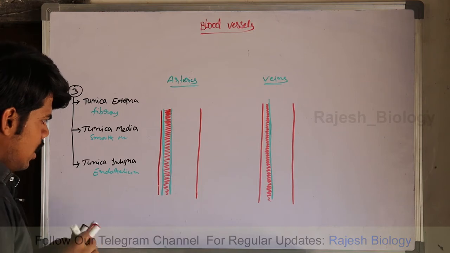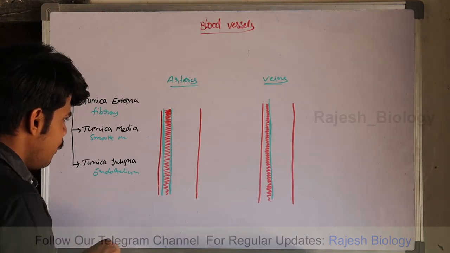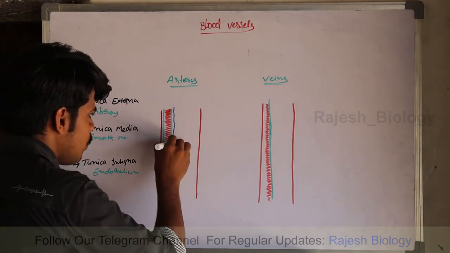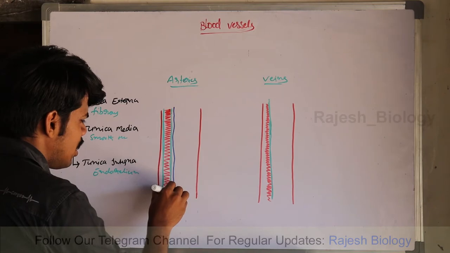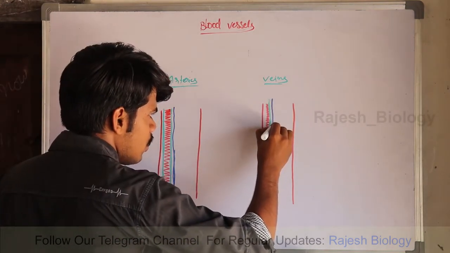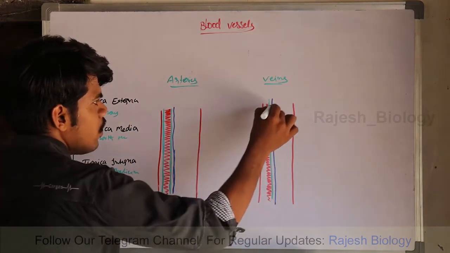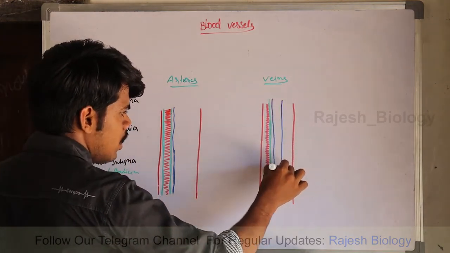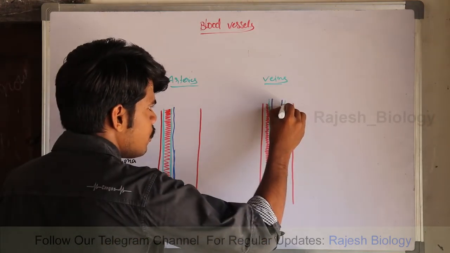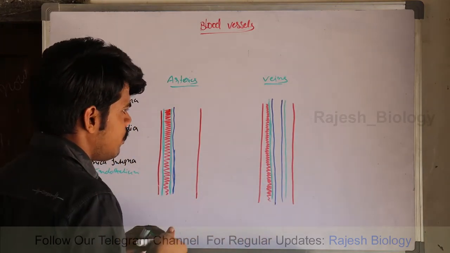Okay. And then next, tunica interna. Tunica interna is made by epithelium. It is the epithelial tissue. Epithelium is nothing but endothelium. It is also internally lined by endothelium. Okay. Here also the same endothelium, and then next elastic lamina and a smooth muscle.